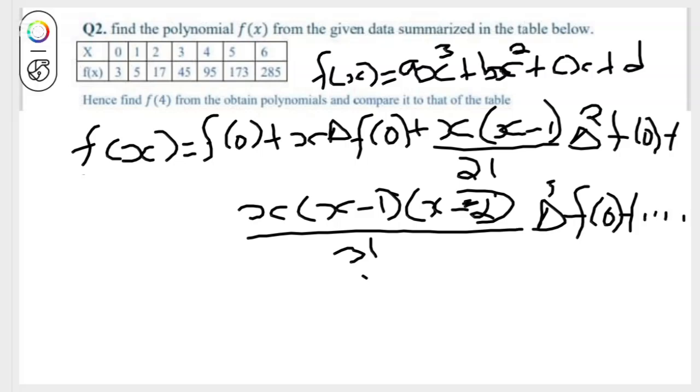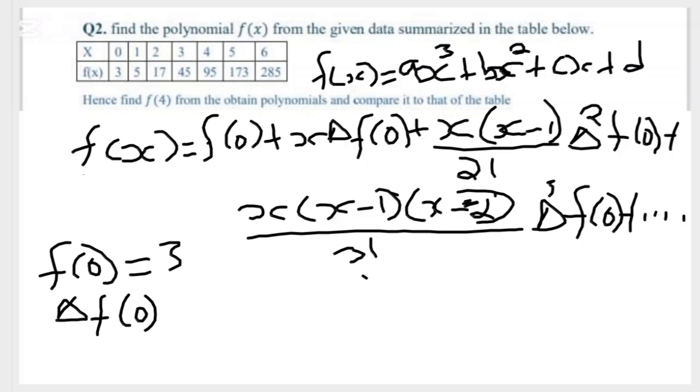So from our table, f of 0 is the same thing as 3, and therefore delta f of 0 is the same thing as 2, and also the delta square of what?